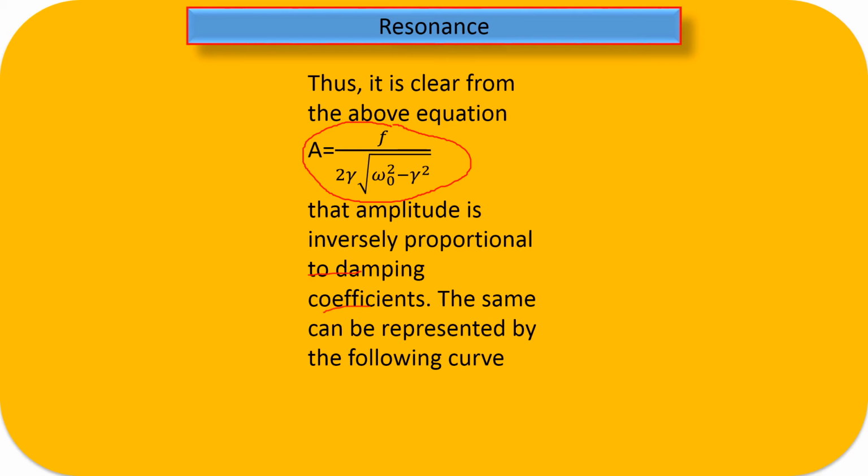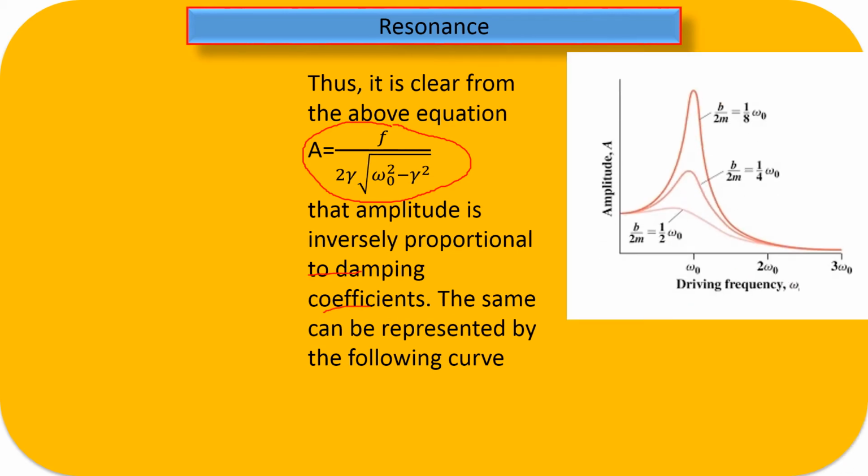The same can be represented with the following curve. Here you see, the value of the damping coefficient is large: b by 2m is equal to 1 upon 2 omega naught, right? So b by 2m is this value.